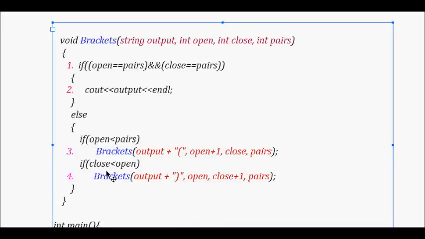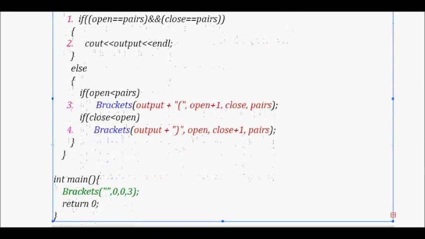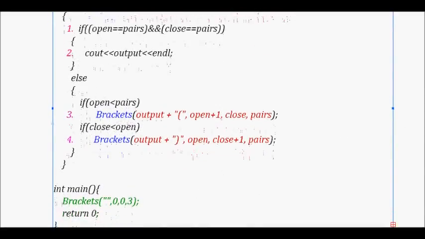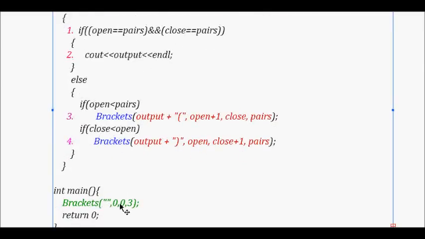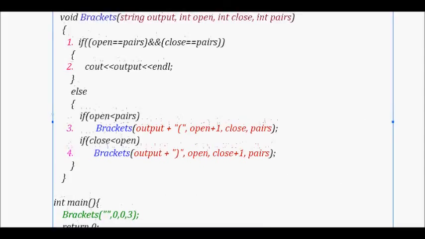Then for every open bracket I have to give a closed bracket. This is done by calling bracket with output plus closed bracket, and I increment close by 1. Let's see, I call bracket with an empty string, 0, 0, no open bracket and no closed bracket, and the maximum allowed number of braces is 3. So this is done.